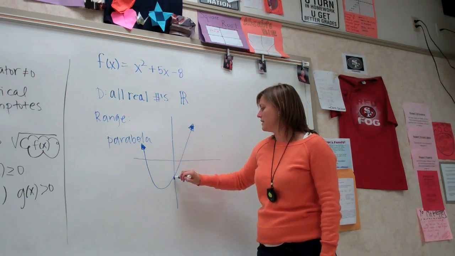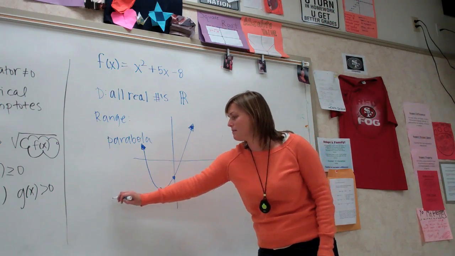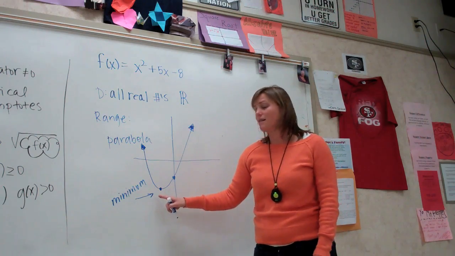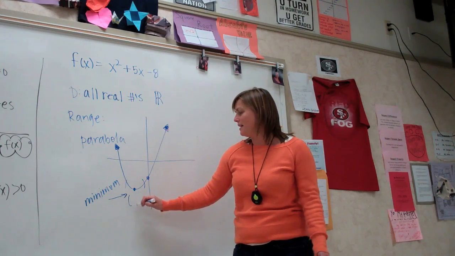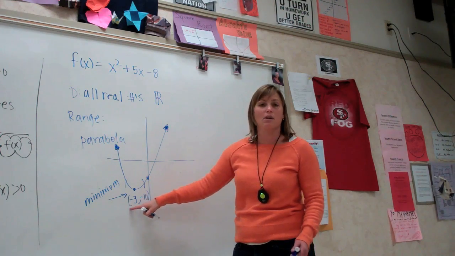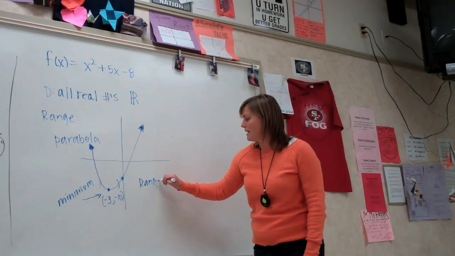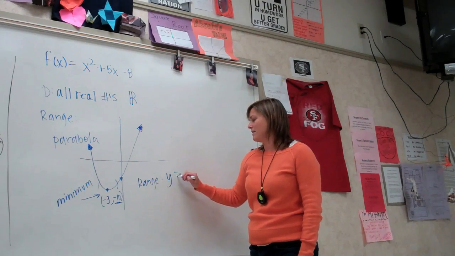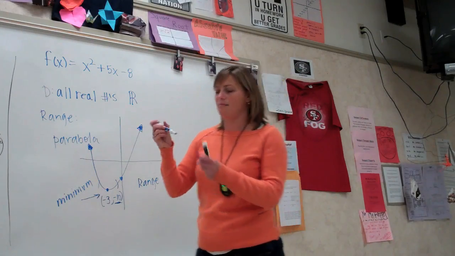Use the minimum button on your calculator to find the minimum point. Let's say, I'm making this up, that it's -3, -10. Then the range would be all the numbers greater than this y value, so y is greater than or equal to -10. That's basically it for a parabola.